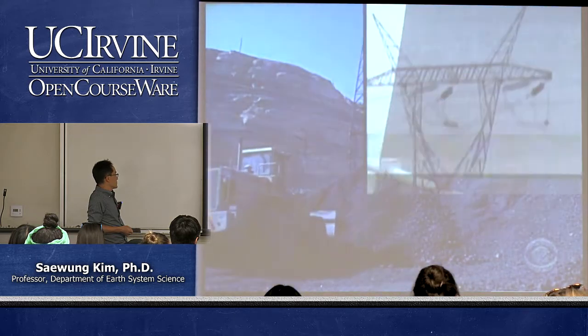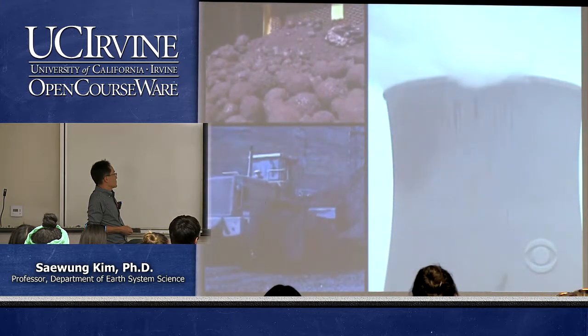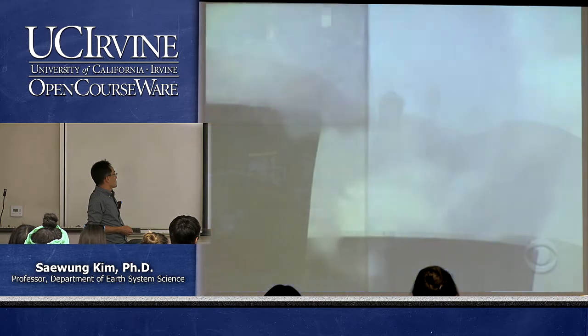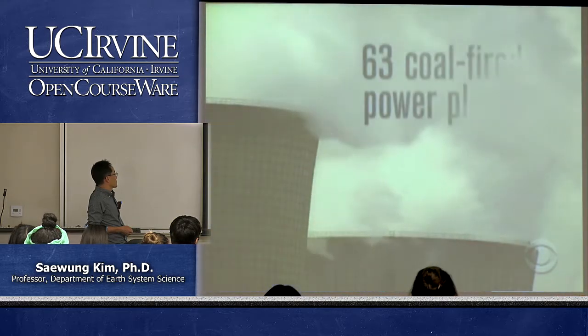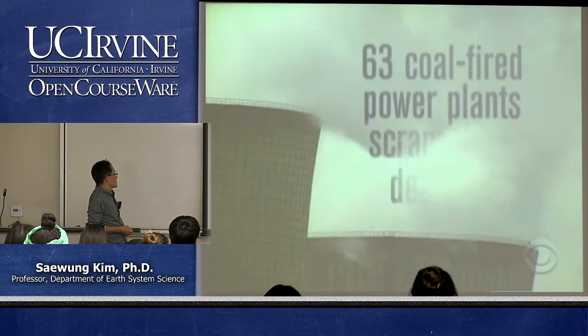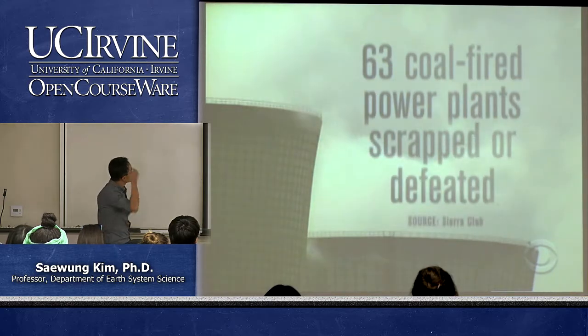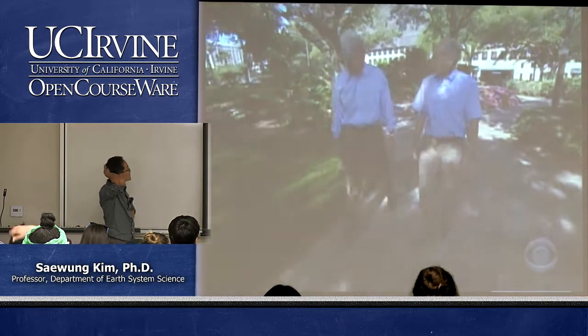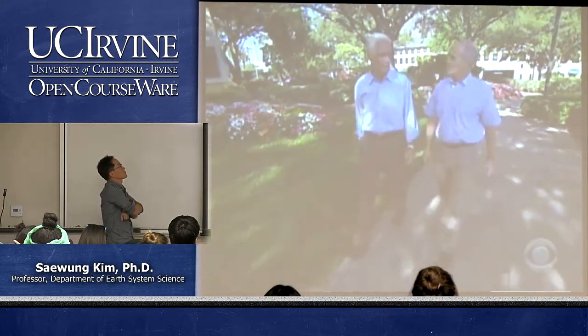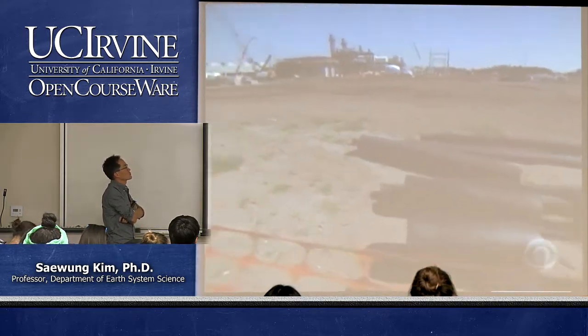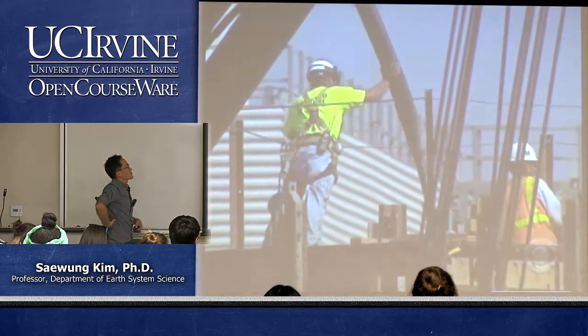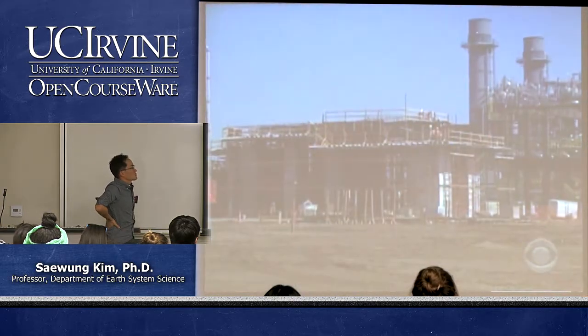And now the failure to solve the CO2 problem is a threat to coal itself. In the last 5 years, at least 63 coal-fired power plants have been scrapped or defeated by public opposition. No more coal. No more coal. Florida's Governor, Charlie Crist, even helped pull the plug on 2 clean coal plants because he says without a carbon solution, forget clean coal.